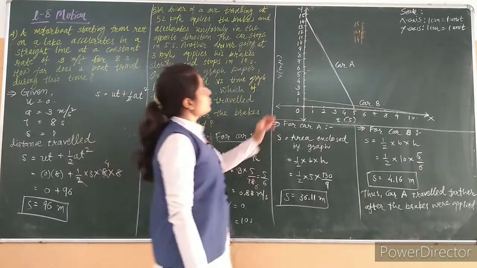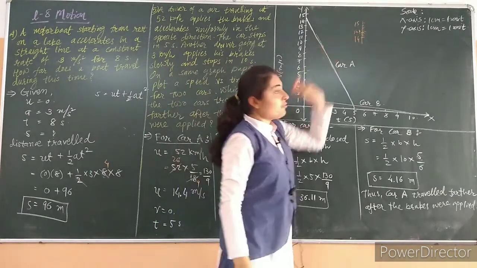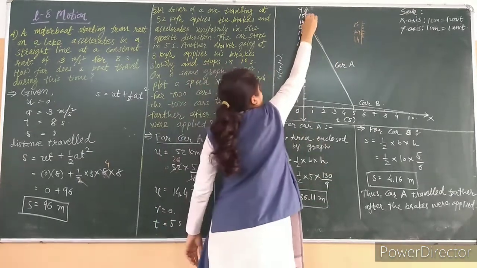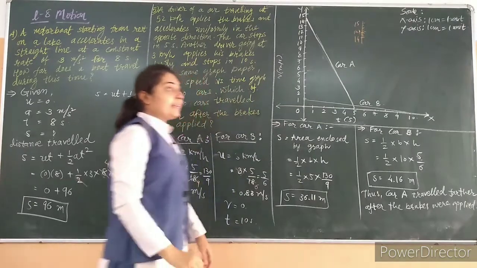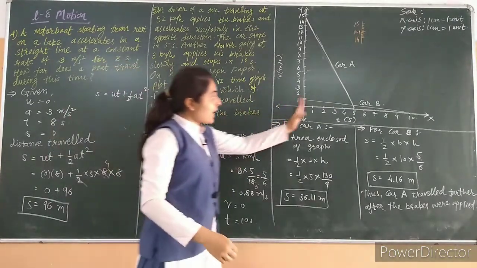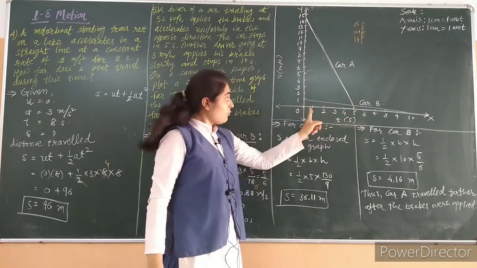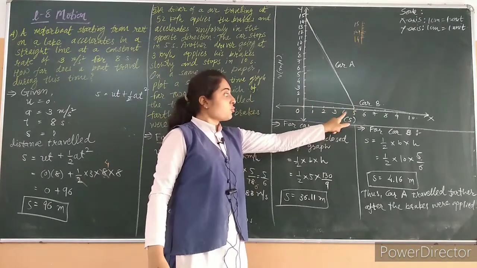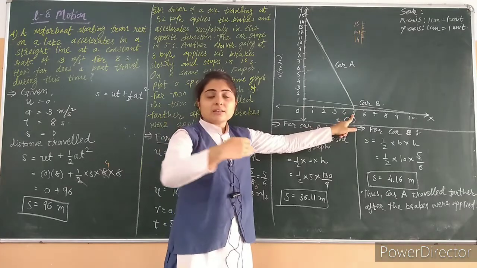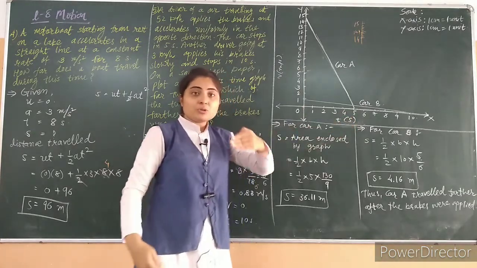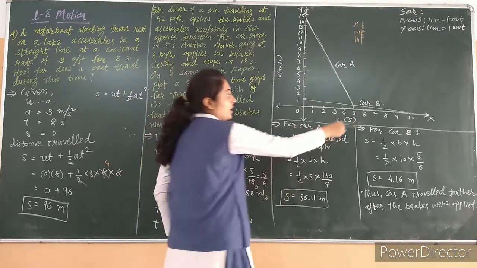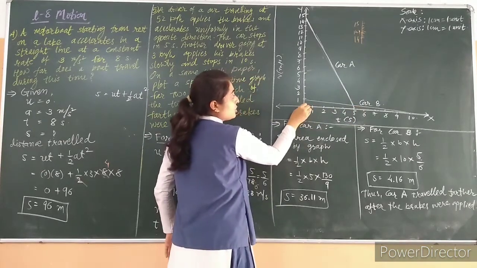In between 14 and 15 there will be 14.4. Make a point. And now as time passes, at 1 second, 2 seconds, 3 seconds, 4 seconds and 5 seconds, the car slows down. It means the velocity decreases, and at 5 seconds the velocity becomes 0.